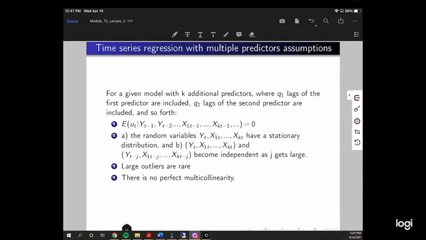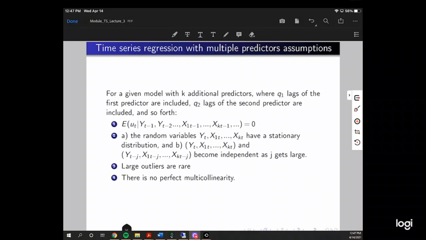Time series regression with multiple predictor assumptions. Just like we did with multiple regression and ordinary least squares, we're going to have to define our assumptions for time series regression. So for a given model with k additional predictors, or k x variables, where q1 lags of the first predictor are included, so q1 lags of y, and q2 lags of the second predictor are included, and so forth.